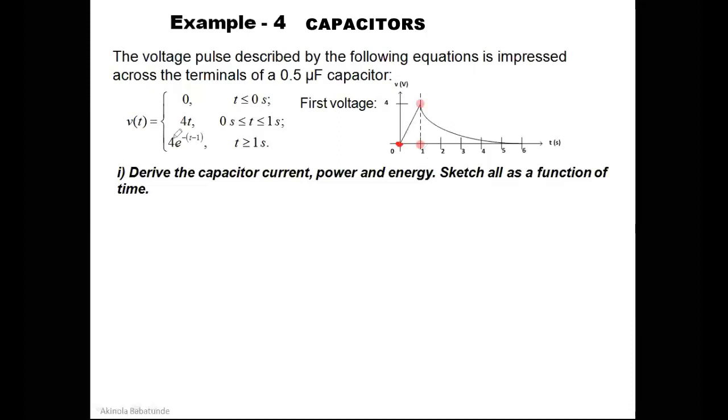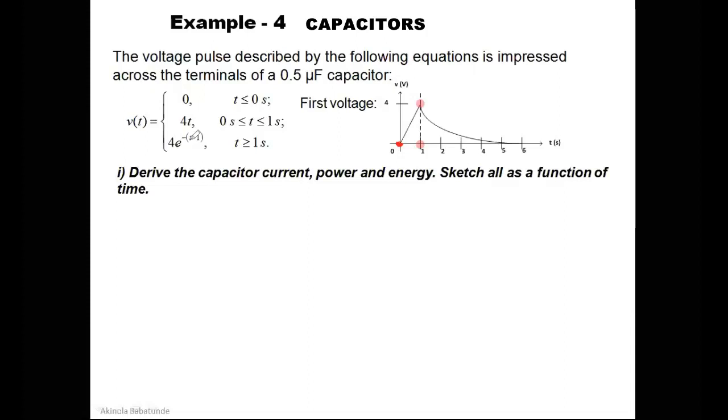Also, for v of t equal to 4 e to the power of minus (t minus 1), our t is greater than or equal to 1 second. So for t greater than or equal to 1 second, we have this voltage time function. The first thing you want to start with is t equal to 1.